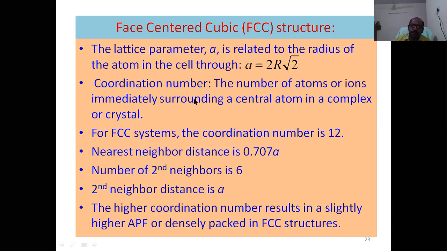So simply we can say, if you take any lattice point as reference, the number of nearest neighbors is called the coordination number. For the FCC system, the coordination number is 12. We will see how it is 12 for FCC.